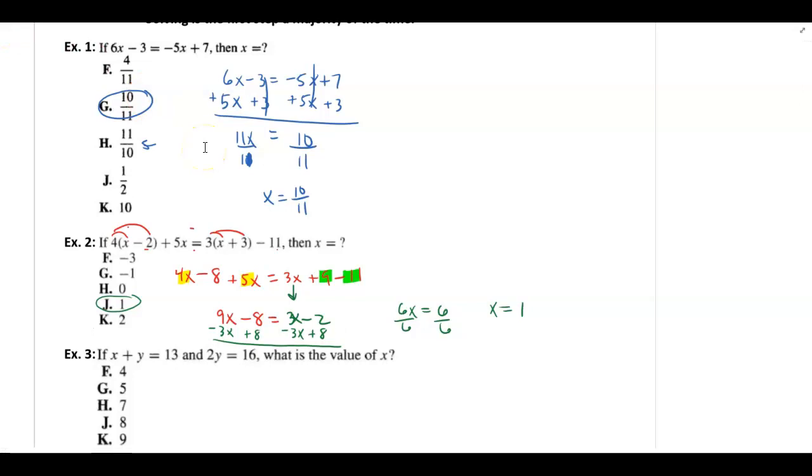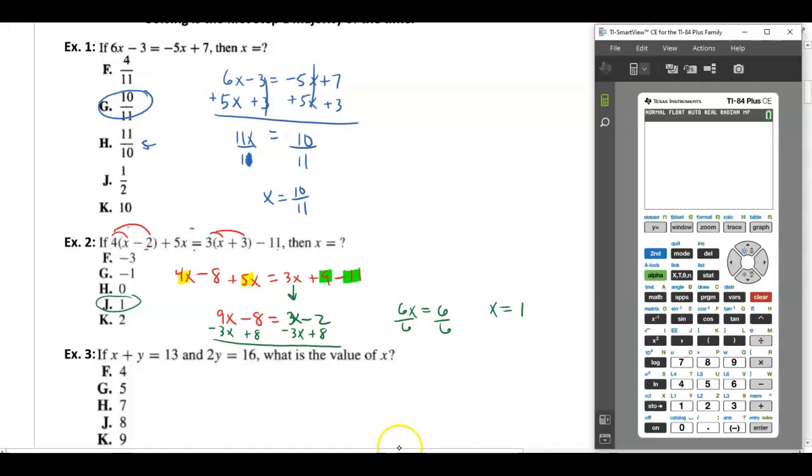With this type of problem, there's a lot of room for sign mistakes. If you have time at the end of the test, do yourself a favor. Plug your answer back in to see if it makes a true statement. To check, all we're going to do is plug 1 into the left side of the equation, and 1 into the right side.